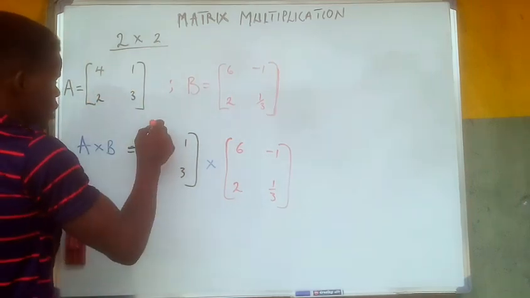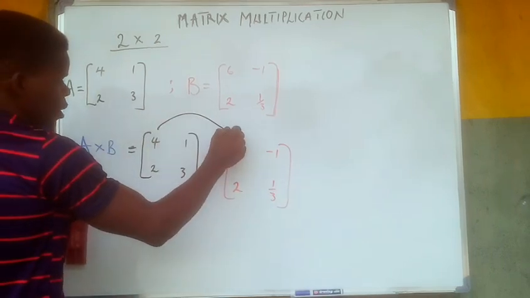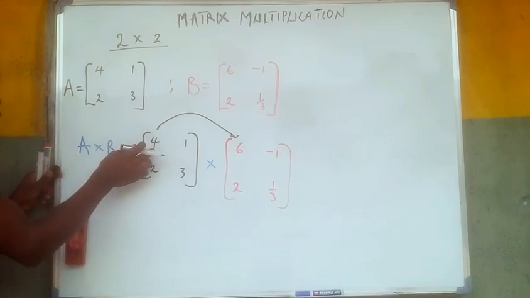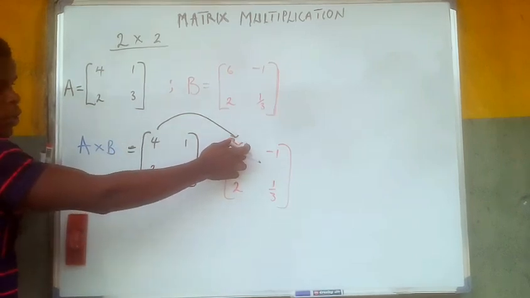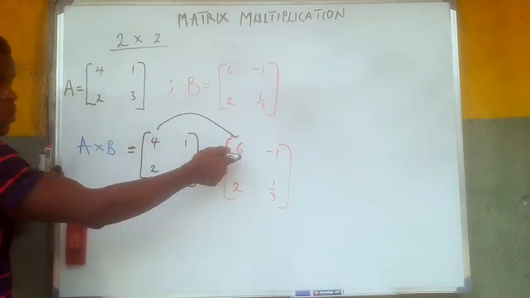I will say this: the first entry in the first row, that is 4, times the corresponding element in the second matrix, so that is 4 times 6.